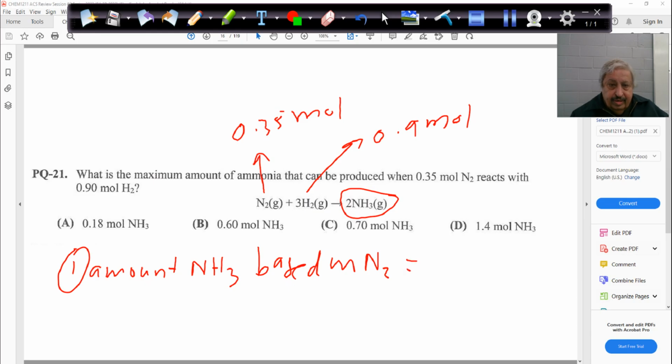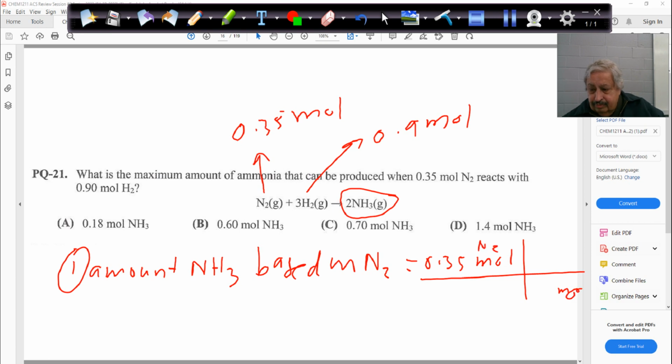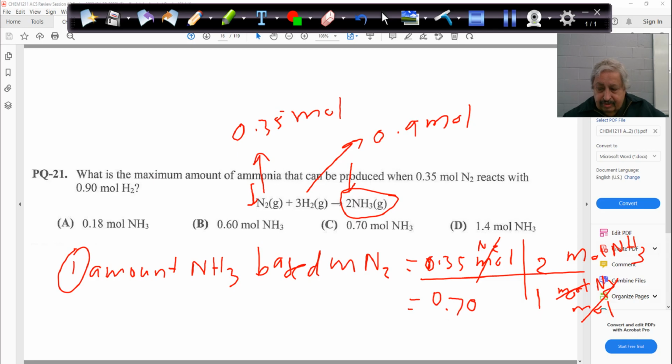That will be, nitrogen is 0.35 mole, mole of nitrogen to mole of your product. You look this up from the equation here. Mole with mole cancels out. Mole of nitrogen, you have 2 here, and here you have 1 understood, not written. 1 to 2, correct? So how much is this? 0.70 moles of ammonia, correct?